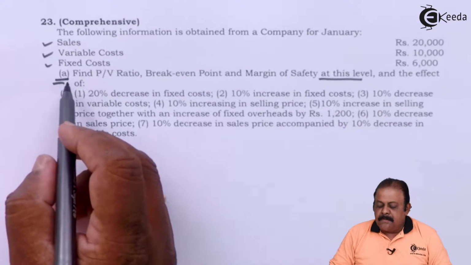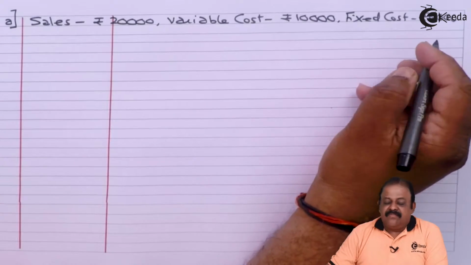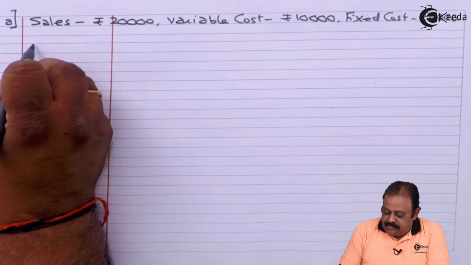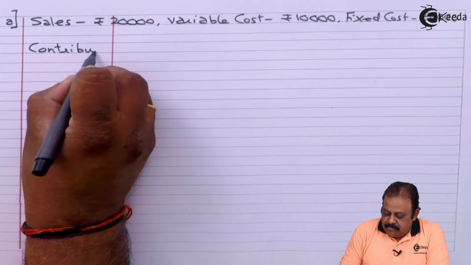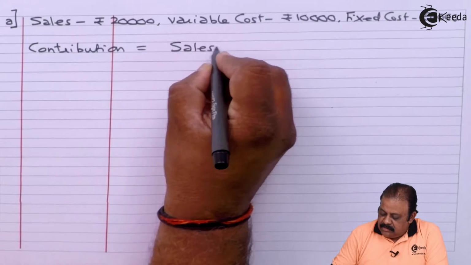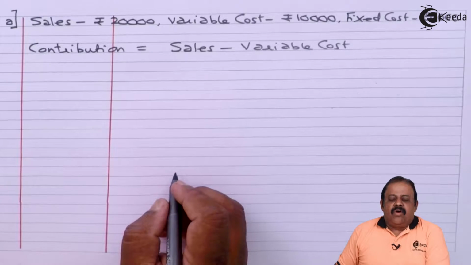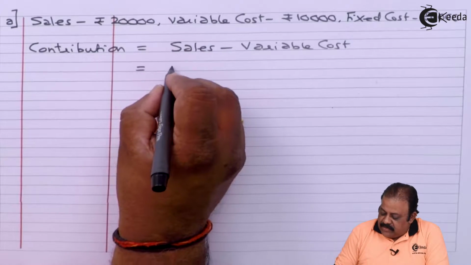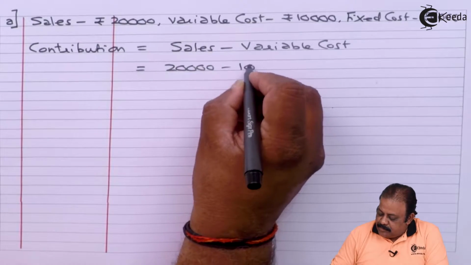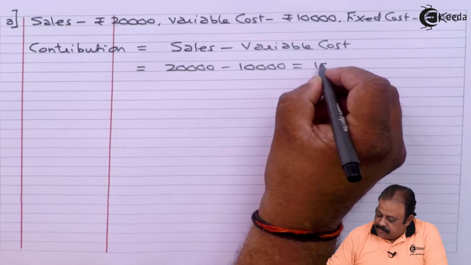So let us do first sub question A. Sales 20,000, variable cost 10,000 and fixed cost rupees 6,000 is given. Let us first find out contribution. Contribution is equal to sales minus variable cost. We have here sales rupees 20,000, variable cost 10,000. So here we have contribution 10,000.